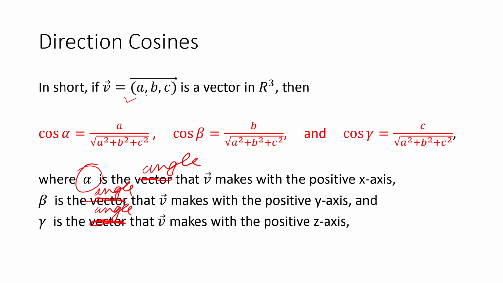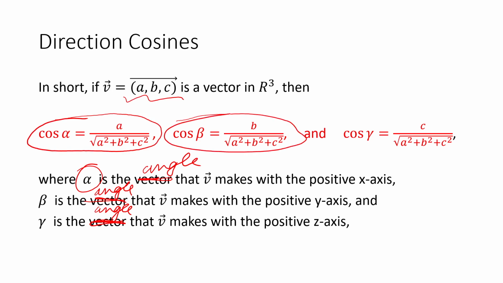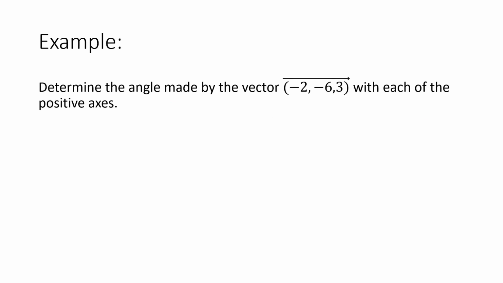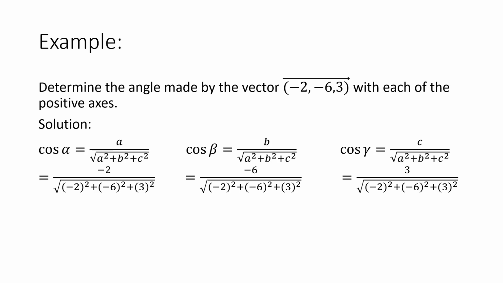And if the vector itself is ABC, then we can simply say cos alpha will be A over the square root of A squared plus B squared plus C squared. Cos beta will be B over the square root of A squared plus B squared plus C squared. And cos gamma will be C over the square root of A squared plus B squared plus C squared. So if we want to determine the angle made by a given vector with each of the positive axes, then we can use those formulas.